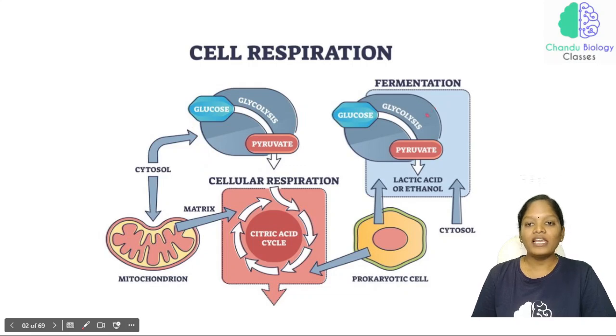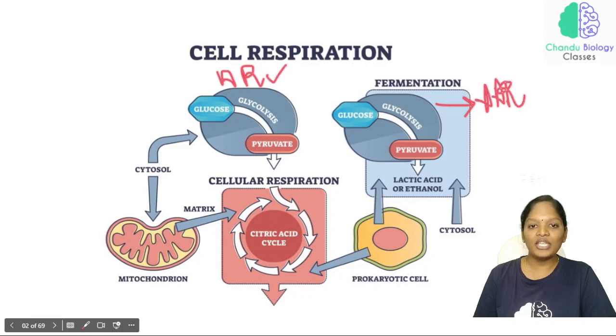And again, glycolysis is when glucose is converted into pyruvate. So what is the difference between these two glycolysis? One glycolysis takes place in aerobic respiration, and the other glycolysis takes place in anaerobic respiration.